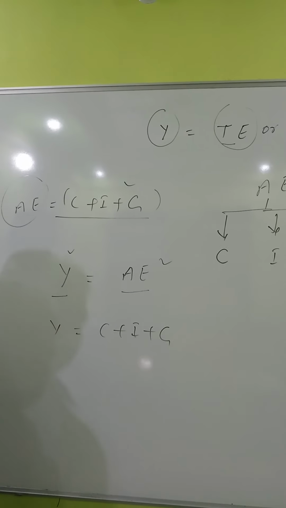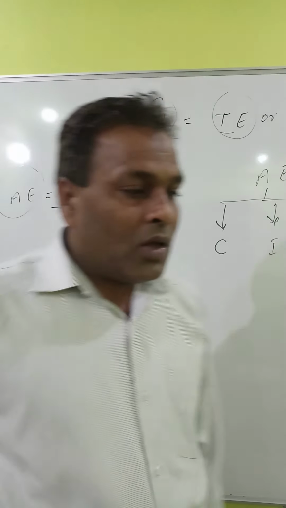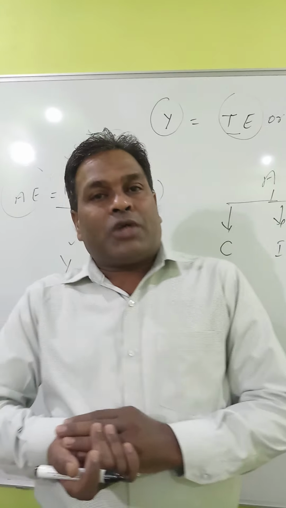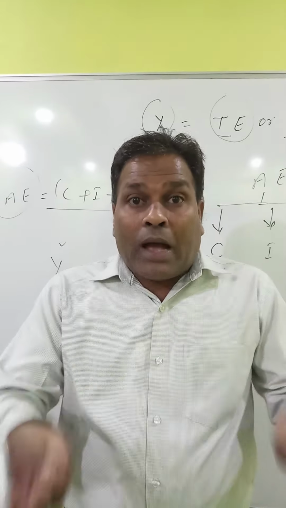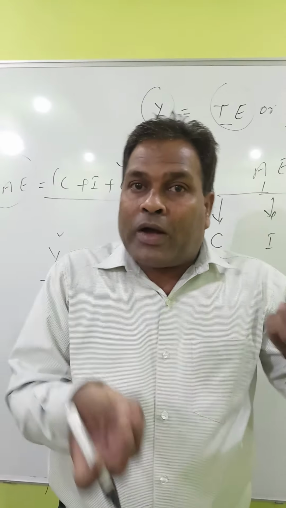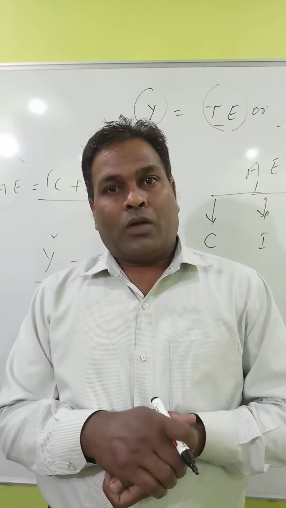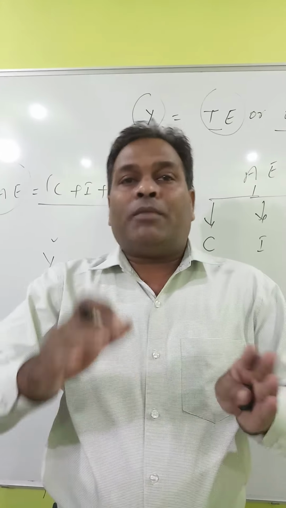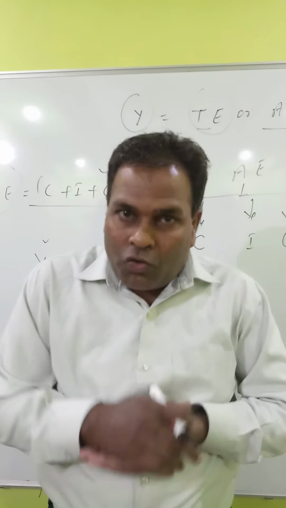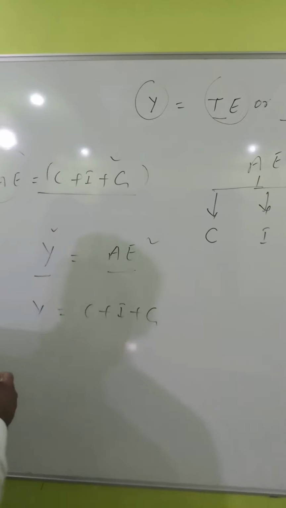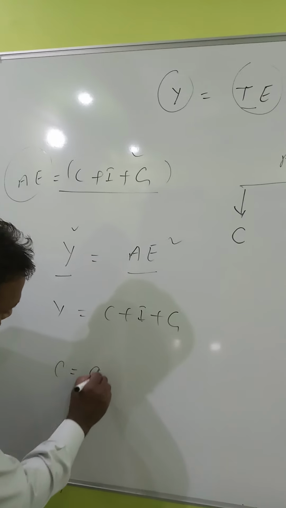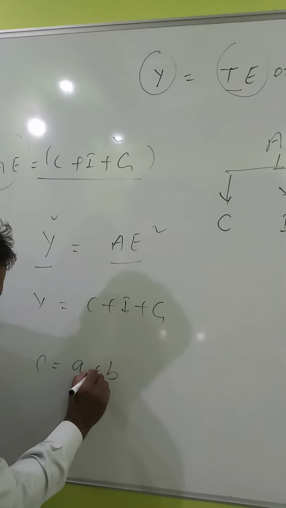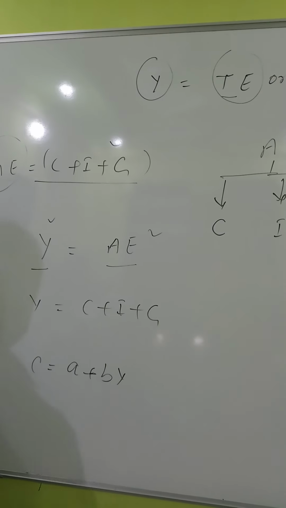Now, C stands for the consumption expenditure, which shows the consumption function. Because the consumption expenditure is a function of the income, the consumption function may be shown with the help of the following equation. C is equal to a plus bY.